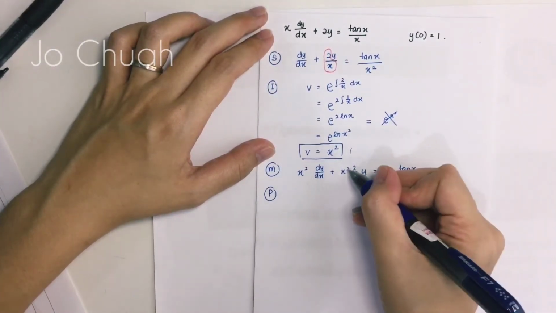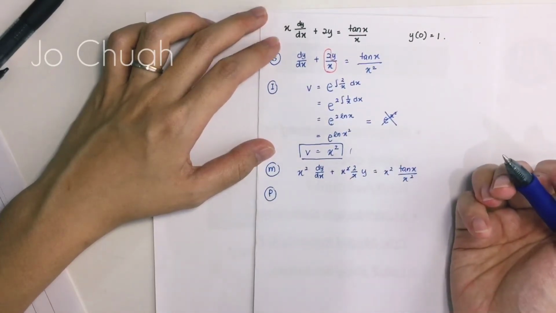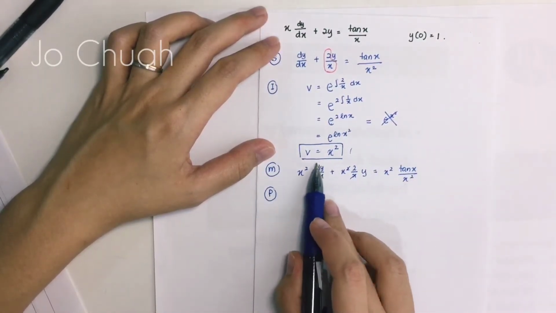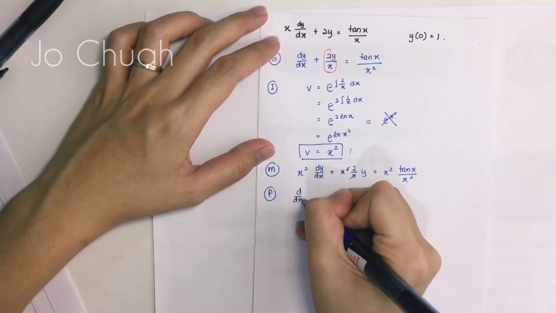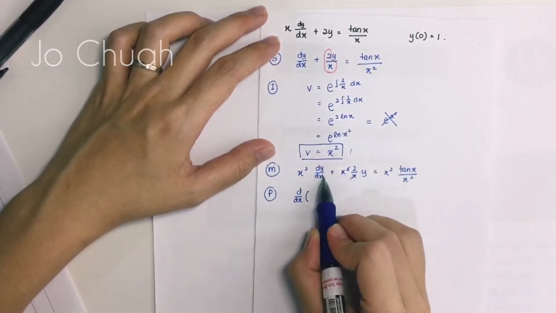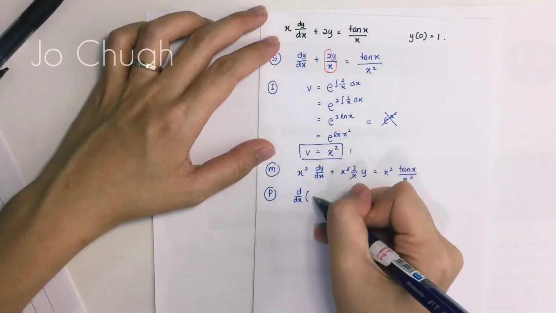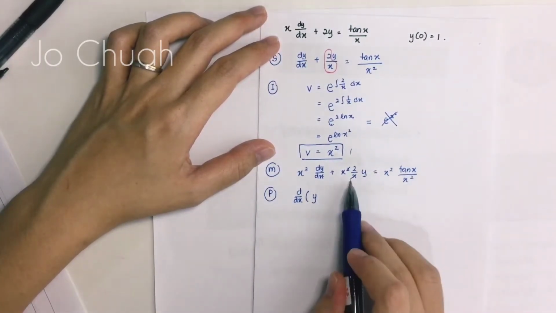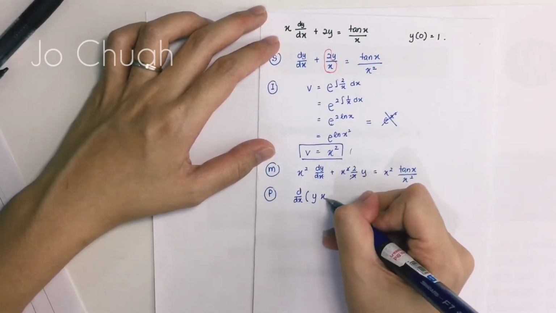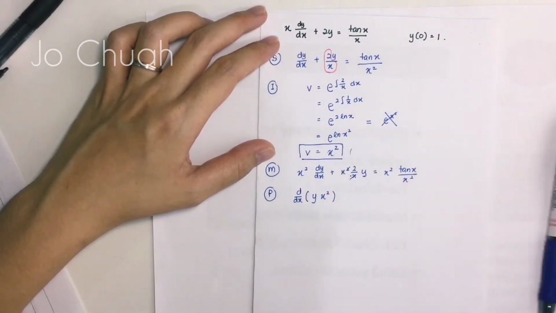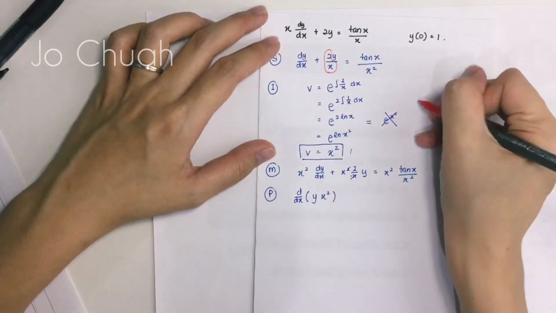Talking about product rule, you can cancel out this one, alright? And you're just going to take, this is obviously part of the thing that you're going to take, because this is the differential of this, so y. And this is the differential of this, so I'm going to take x squared. If you're still not sure, I can show you again.